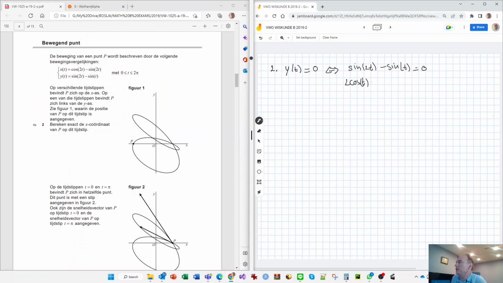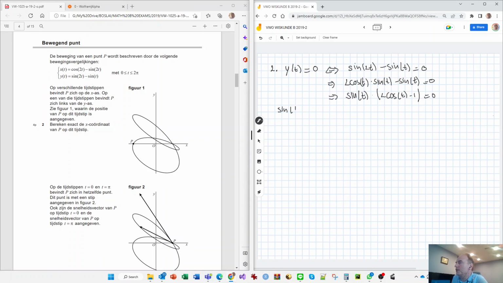I write this as 2 cosine t times sine t, and we can factorize sine of t. We get 2 cosine t minus 1 equal to 0.